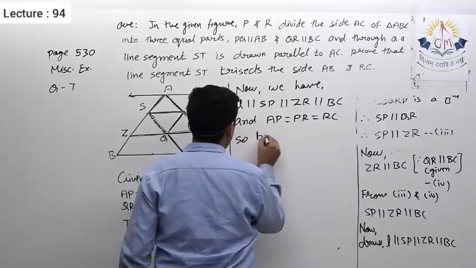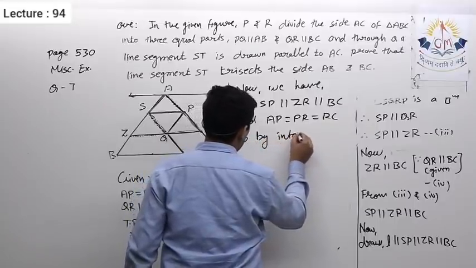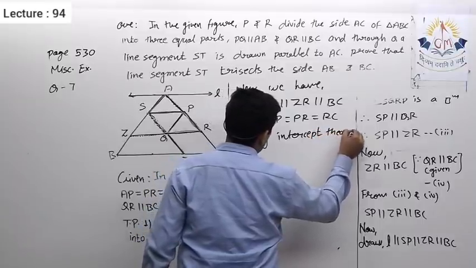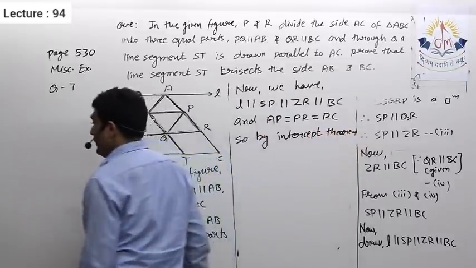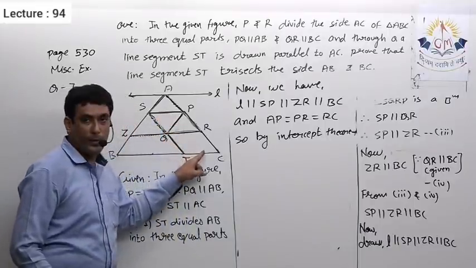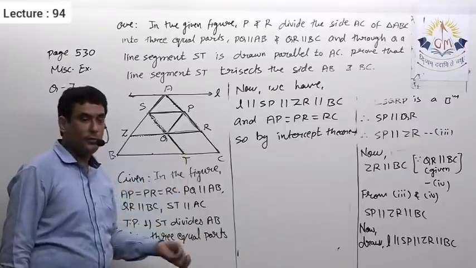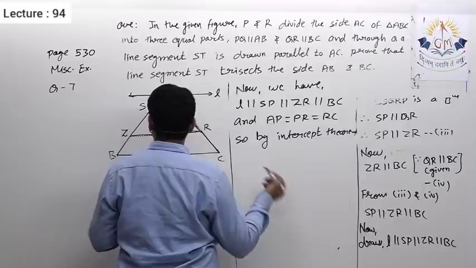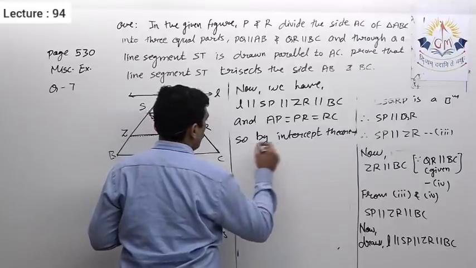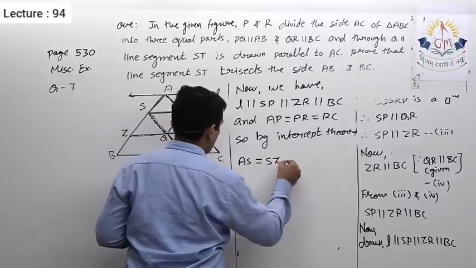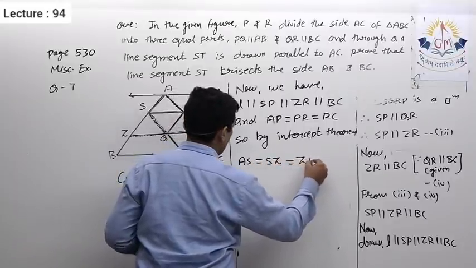So by the intercept theorem, what it says is that if one transversal has equal intercepts between parallel lines, then any other transversal will also have equal intercepts between the same set of parallel lines. So by the intercept theorem, AS equals SZ equals ZB.